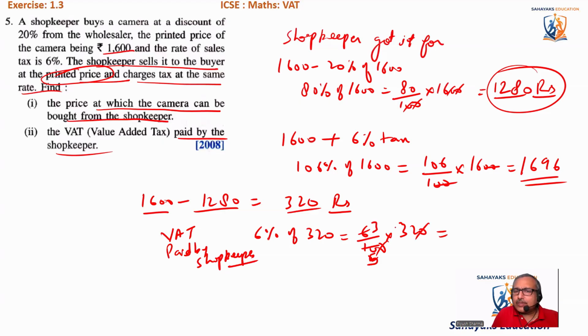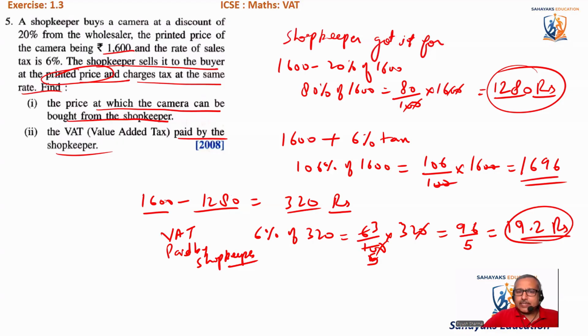So it comes to 32 into 3 is 96 divided by 5. If you compute it, 5 ones are 5, 5 nines are 45, and 2. So it is 19.2 rupees. So this is the amount which is the VAT paid by the shopkeeper.